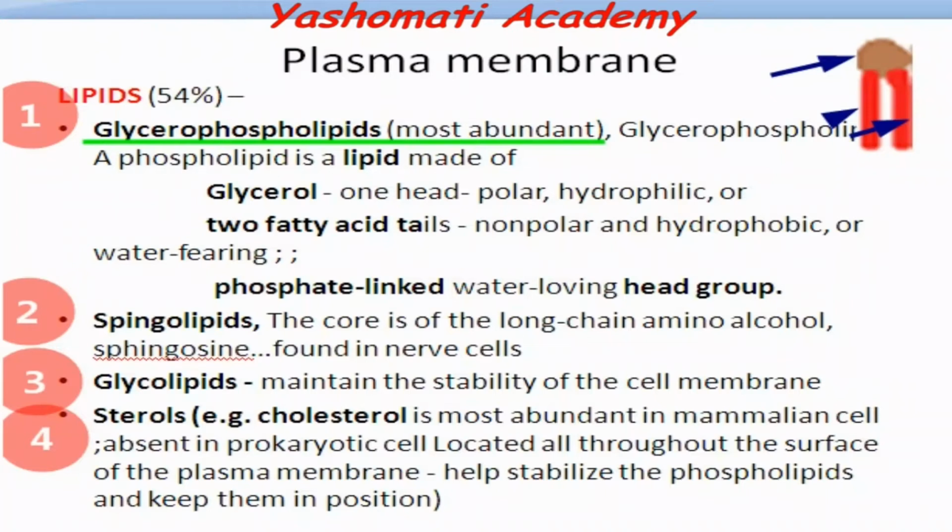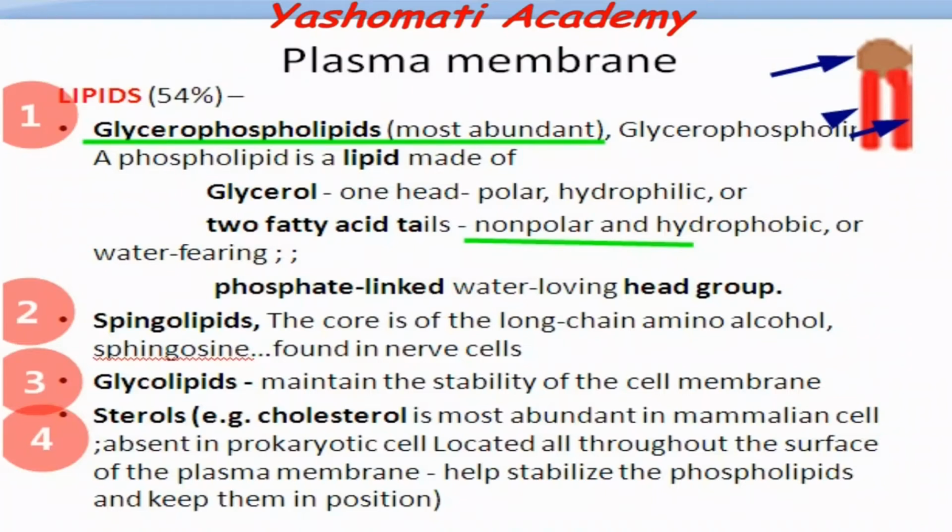With it, there are two fatty acid chains attached which are non-polar in nature. Because these are non-polar, and outside the cell water is present, and inside the cell water is also present, the fatty acids try to remain toward the inner side, and the glycerol forms the outer side on both sides of the plasma membrane.